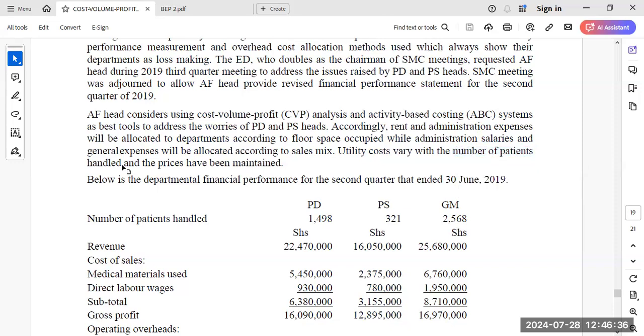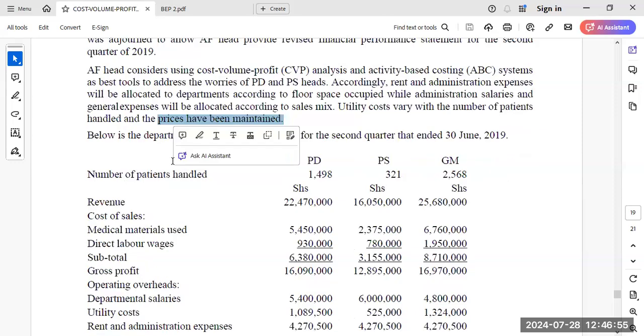The more the patients, the more the utility costs. So this will be part of your variable cost. But they are telling you that the prices have been maintained. What are the prices here?